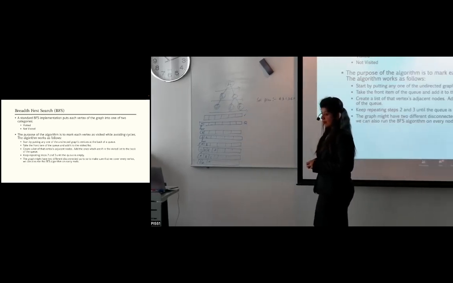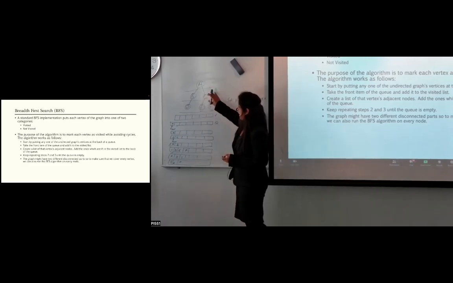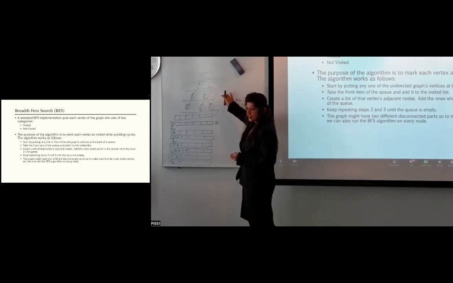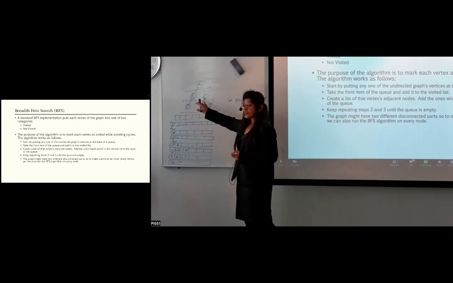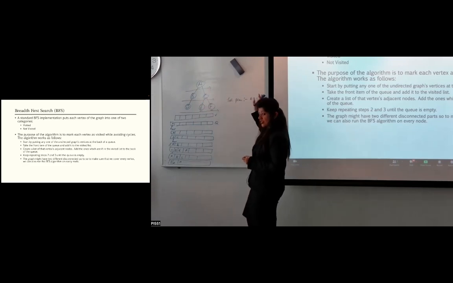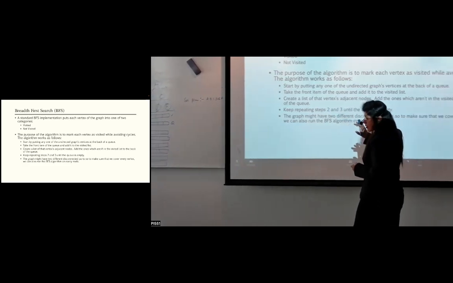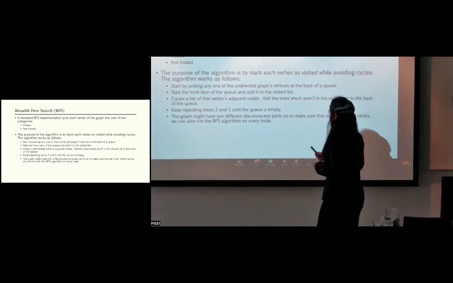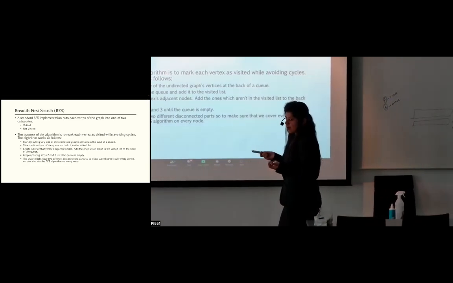It will just see, is there any adjacent? So no adjacent, so we just move forward here. In depth first search, we are traversing about the child, but here we are traversing about the adjacent nodes. This is the difference between depth first search and breadth first search. And add the ones which aren't in the visited list to the back of the queue.